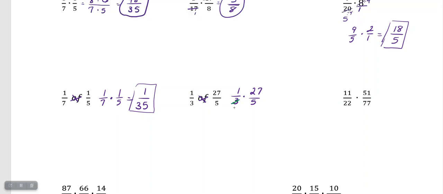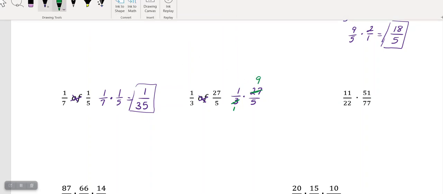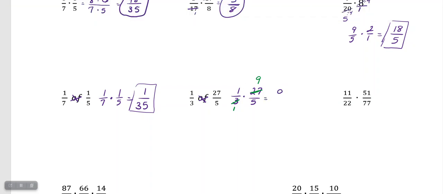So 3 goes into 3 1 time. 3 goes into 27 9 times. That leaves me multiplying 1 times 9, and I get 9. 1 times 5, and I get 5. So that's my fraction. I make sure it doesn't reduce. And I'm good.